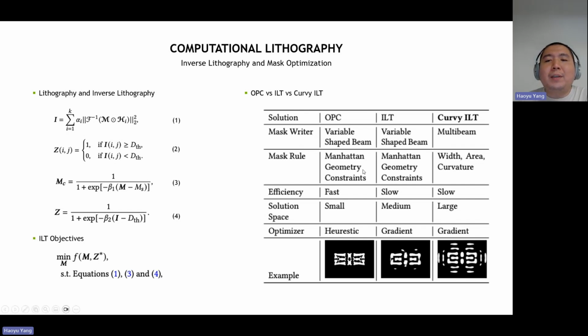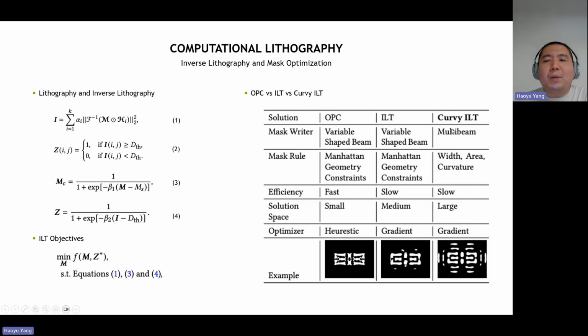All of those approaches currently have to honor the Manhattan geometric constraints because we are using the variable shaped beam mask writer, because you have to write the mask in certain shapes, shape by shape, one by one.